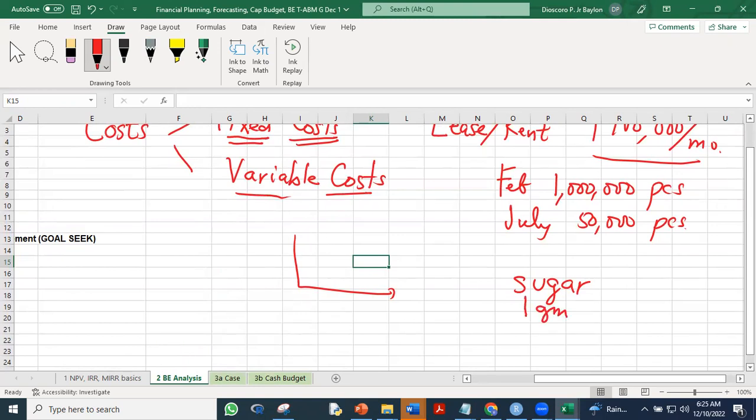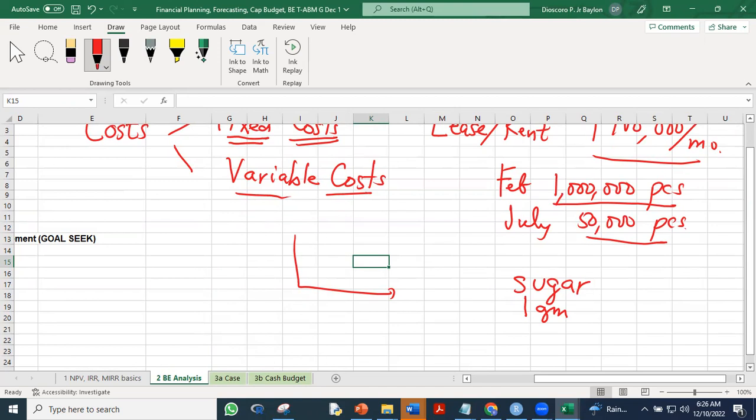If the company produces 1 million pieces of chocolate, will the level of usage of sugar change? Yes, definitely there will be more sugar consumed than if the output was just 50,000 pieces. So this type of cost is what we call variable cost.